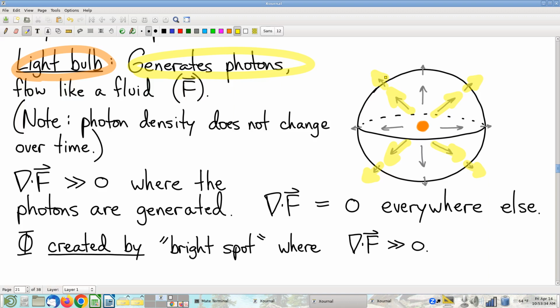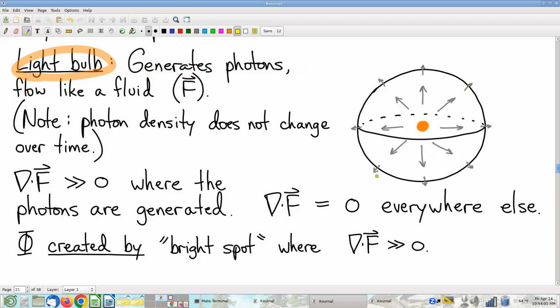And the further you get away, the lower the density of the photons is. Near that light bulb over there, there's a lot of photons per unit volume, but way over here where I am, they've spread out quite a bit. There's just not as much density. So that's why these arrows are shorter. Does that make sense to everybody? Okay. All right.